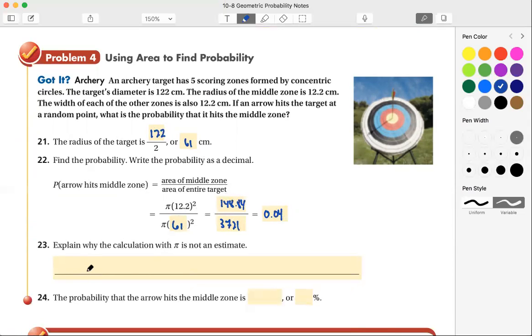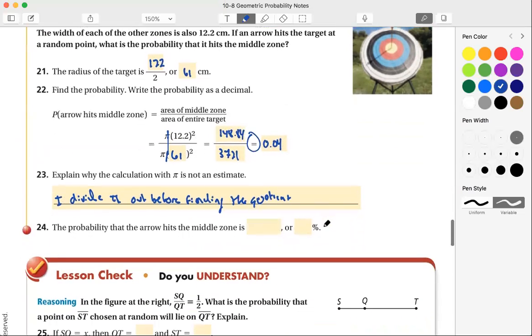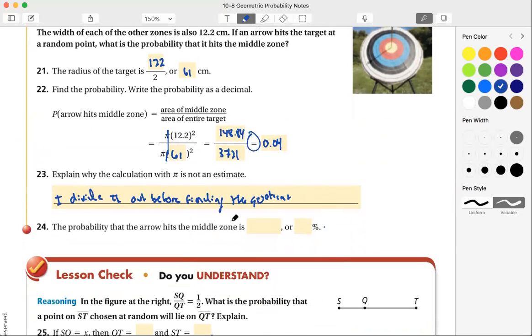Explain why the calculation with pi is not an estimate. I divided pi out before finding the quotient. Notice the pi's cancel there, so that's why this is not an estimate. It's exactly equal. So the probability the arrow hits the middle zone is 0.04, or 4%.